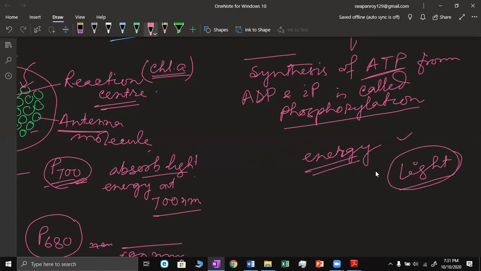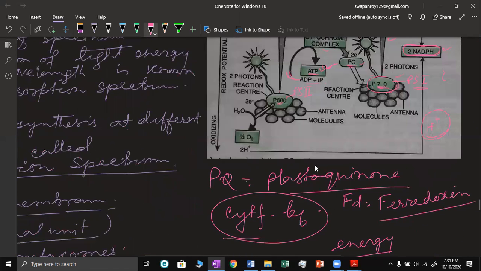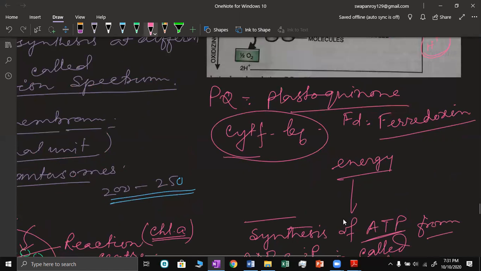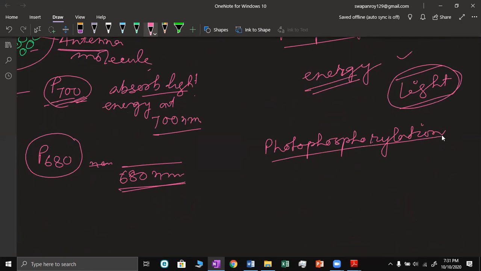So getting the energy from the light, the phosphorylation process takes place. So this phosphorylation is known as photophosphorylation. Okay, it is called photophosphorylation.